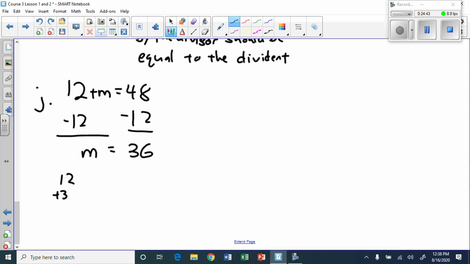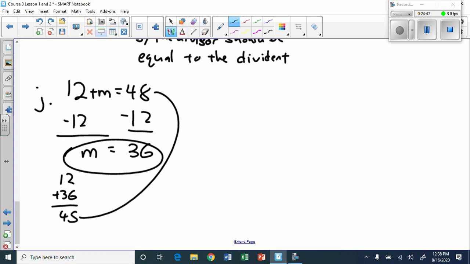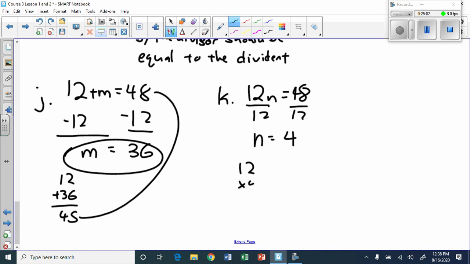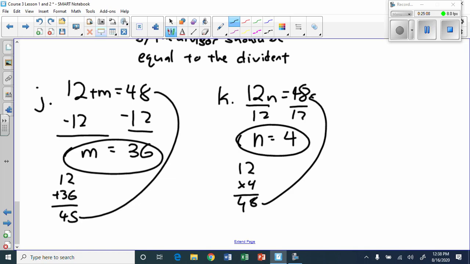Does 12 plus 36 equal 48? Yes. So my answer, M equals 36. K. 12 times N equals 48. Divide both sides by 12, N equals 4. This is 12 times 4, 48. Looks like it matches, so N equals 4.